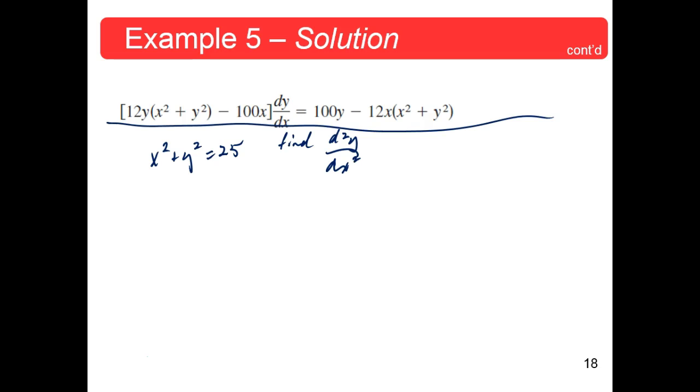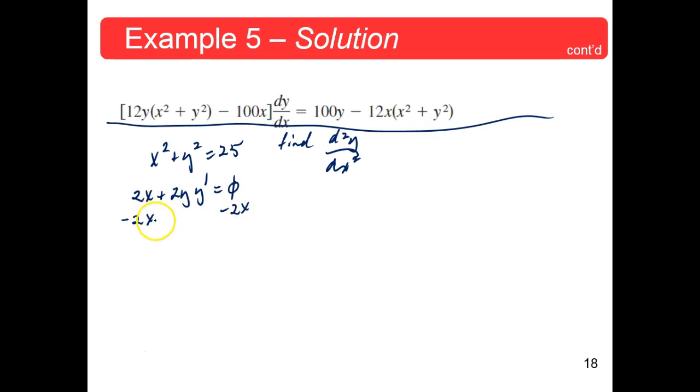Tell me the steps. 2x plus 2y y prime equals 0. Good deal. Now what? Move that 2x over, which means subtract it from both sides.